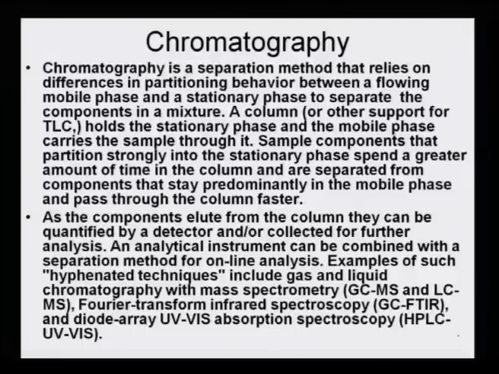Examples of such hyphenated techniques include gas and liquid chromatography with mass spectrometry, GC-MS and LC-MS. Fourier transform infrared spectroscopy can be hyphenated with GC, and diode array UV-visible absorption spectroscopy can be hyphenated with HPLC.